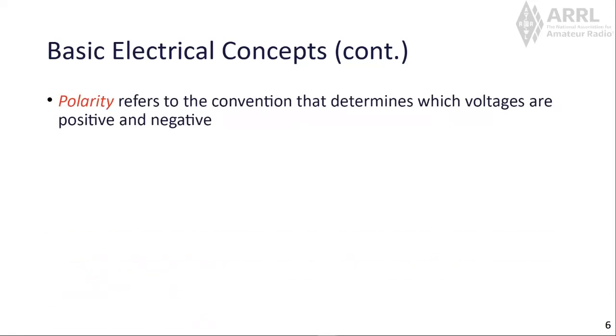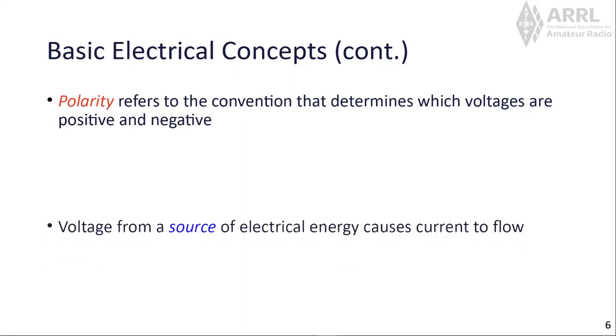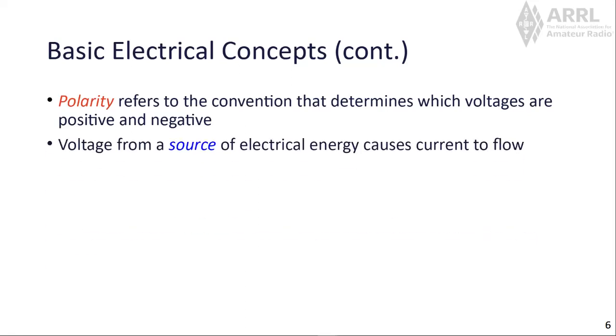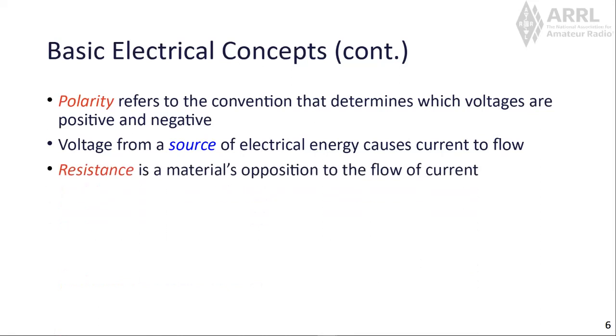Polarity refers to the convention that determines which voltages are positive and negative. Voltage from a source of electrical energy causes current to flow. Resistance is the material's opposition to the flow of current.